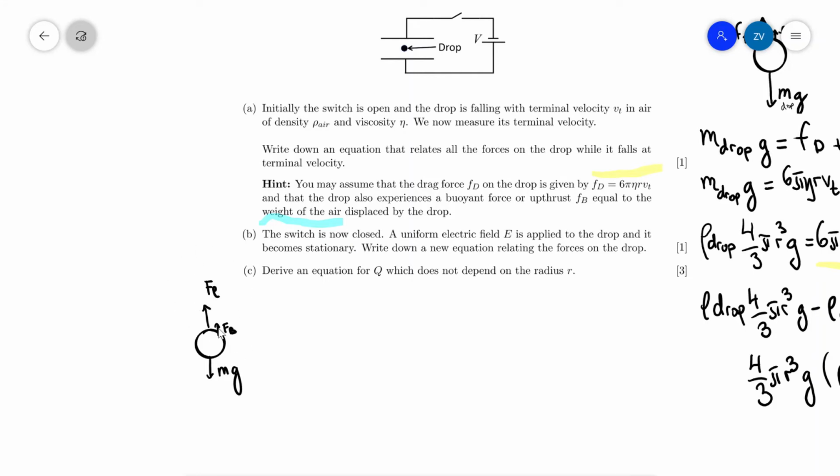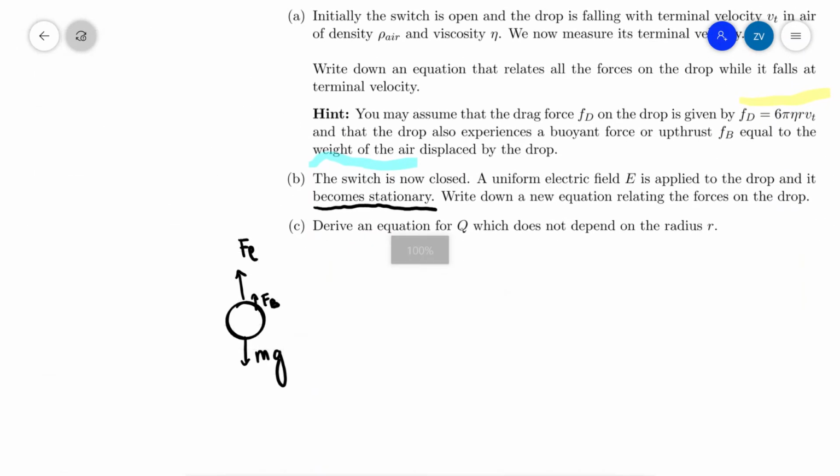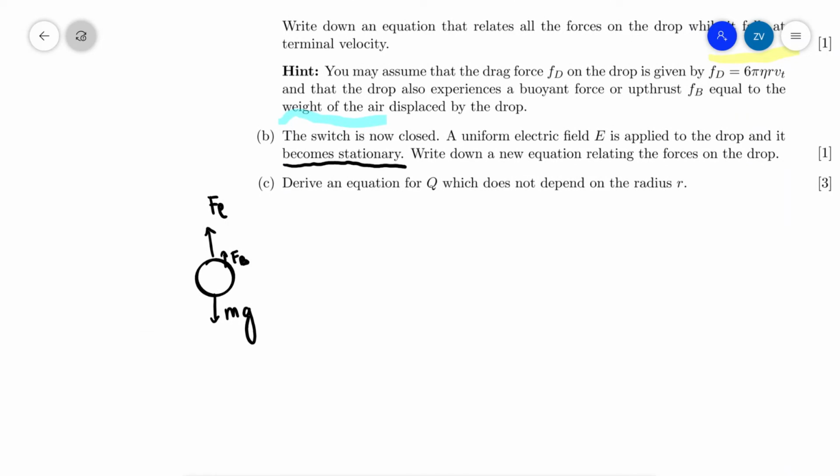The buoyant force will also still be there, and we're also going to have the weight acting downwards. Because the drop is now stationary, there's no longer going to be a drag force.